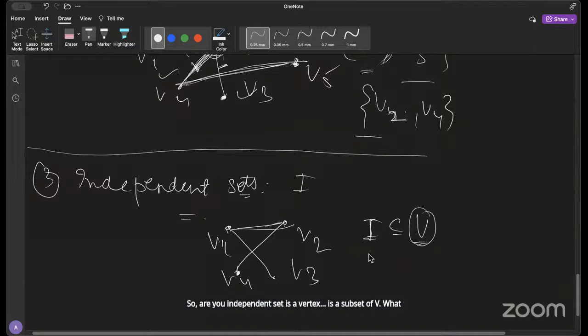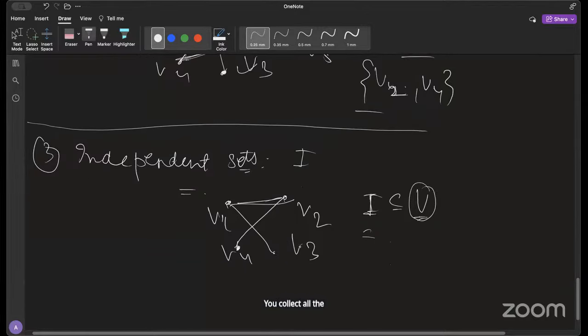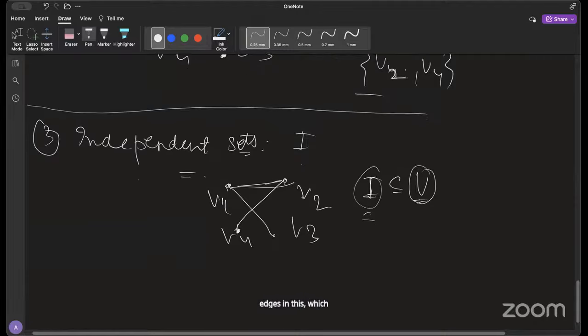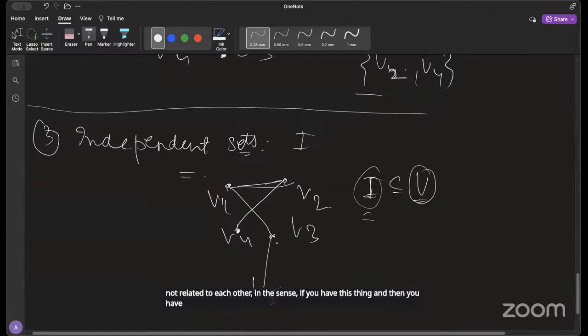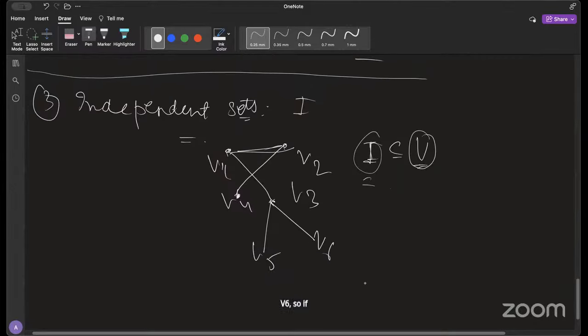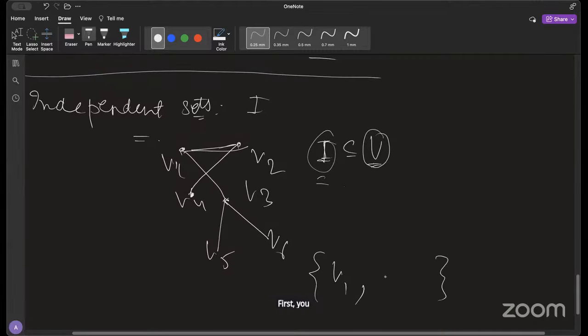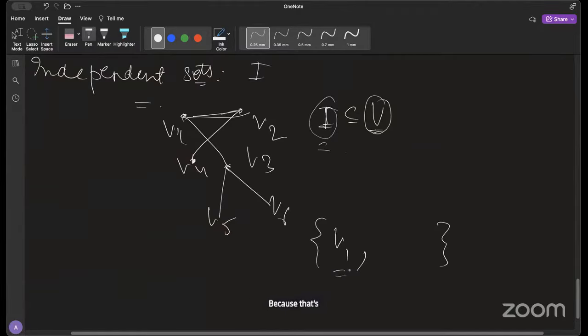What kind of subset is this? You collect all the vertices in this which are not related to each other. Say you have this and then you have V5, V6. If you start from V1, you put it here. First, you can choose any vertex because that's obviously independent of everything else.